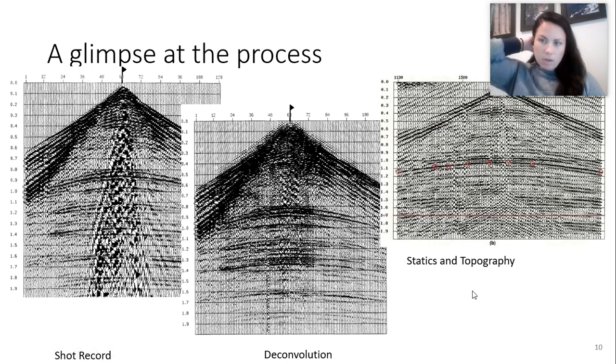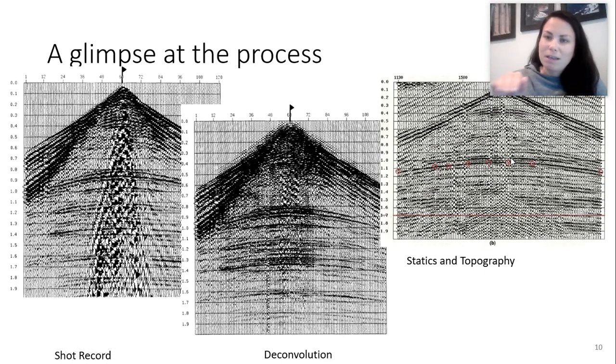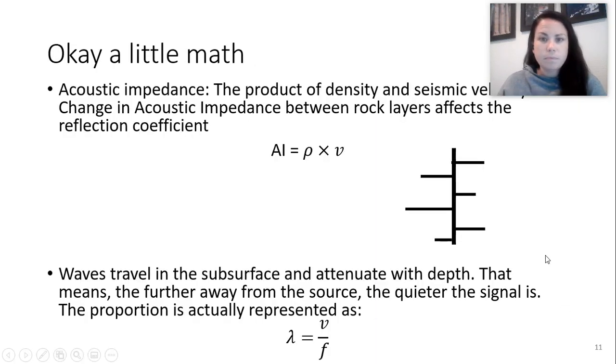You have to think about how the wavelets behave in the subsurface. You have to correct for topography. If you're taking this data, and there's a big hill, well, that's going to impact how the waves behave below it. So there's a lot of things that go into processing seismic data.